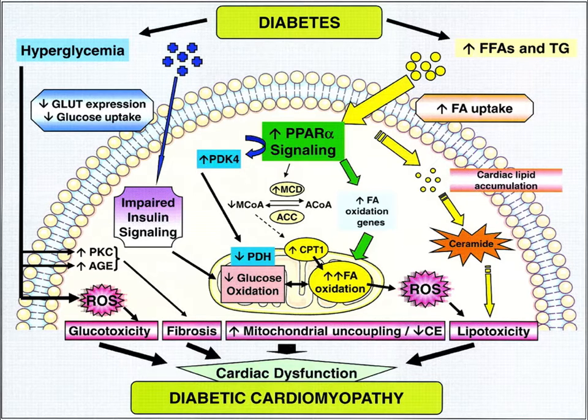What else did I mention? I also mentioned the AGE. You can see in the left lower area, right above the second ROS, you can see AGE is upregulated too, which could cause the fibrosis. And the increased mitochondrial uncoupling causes that. Like I mentioned in the other slide, it causes mitochondrial uncoupling that could also cause damage to the cardiac function, and the increased hyperglycemia.